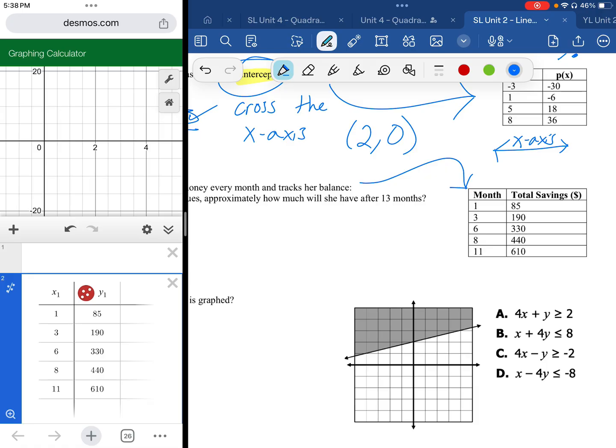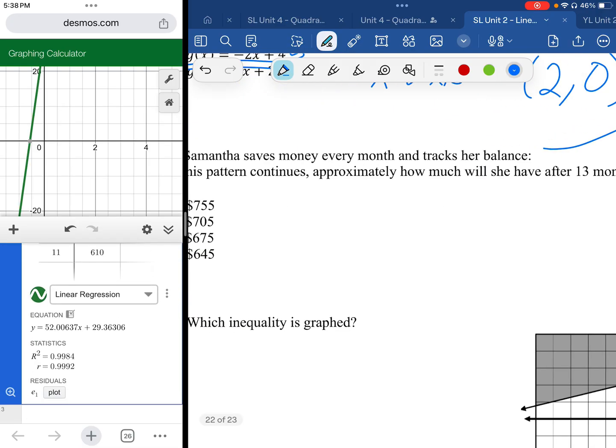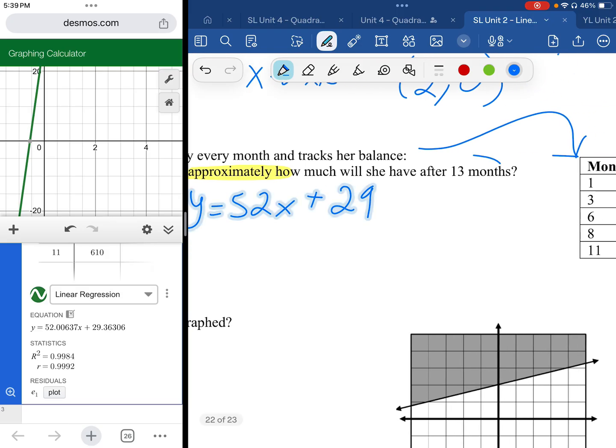So now we have to get our equation. So click our little button. And I'm just going to round these to the nearest whole numbers because it says approximately. And that's going to be close enough. So y equals 52x plus 29. And we want to know how much she will have at 13 months.